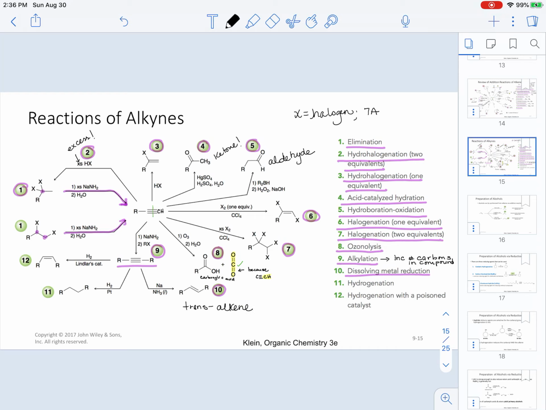If an alkyne undergoes hydrogenation, it is going to be producing an alkane. And in the last reaction that we have in the slide, this is hydrogenation with Lindlar catalyst. Notice that we are turning our alkyne into a cis alkene.